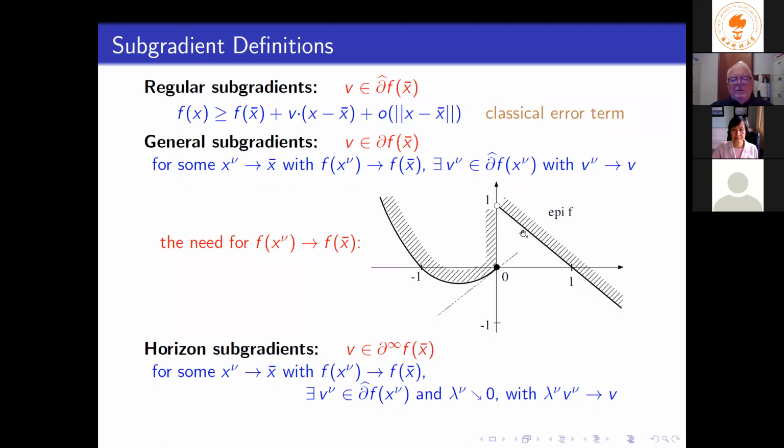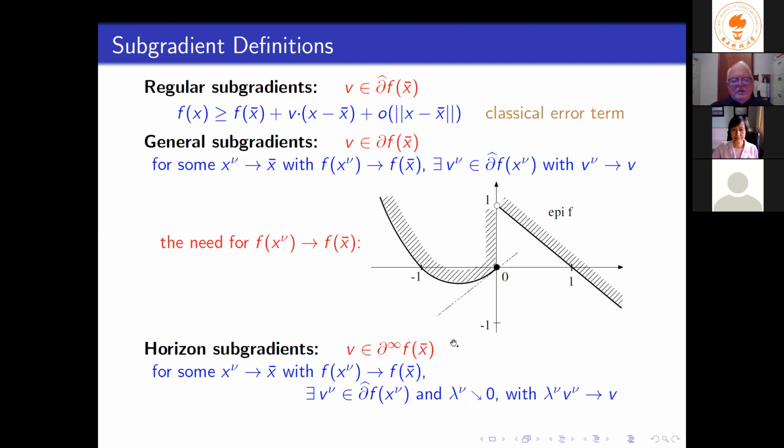But if I don't pay attention to the value of the function, I might also be looking at things around here which are not essential. So this is a bit of a troublesome complication, but because we don't want to assume functions are continuous, they're only lower semi-continuous, we do need to take that into account.